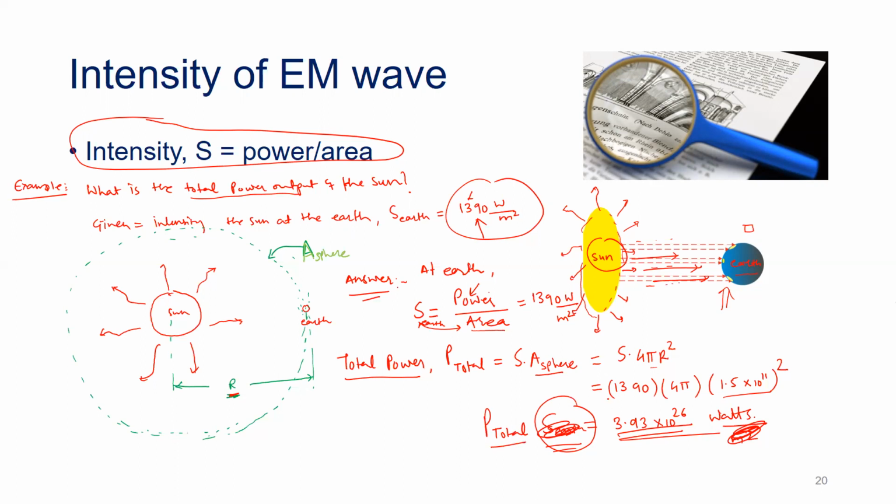We calculated P total, which is S times the area of the sphere, the area of the earth. So don't get confused here.